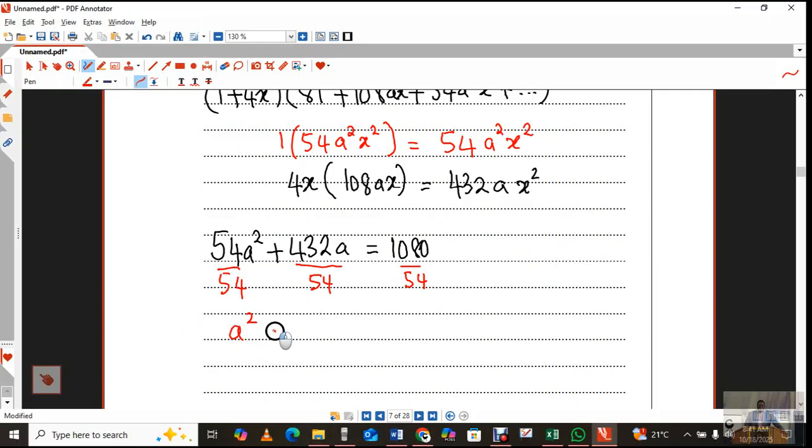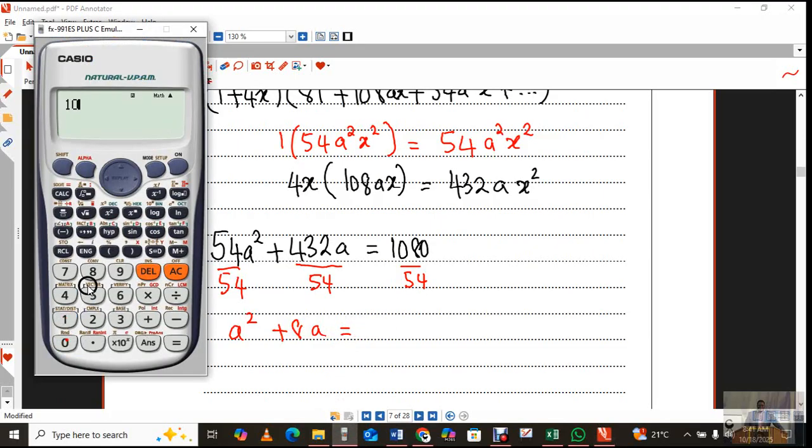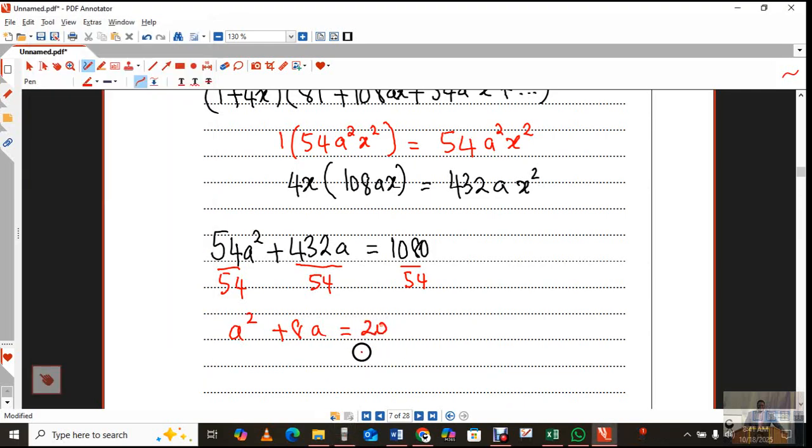We get 8, so that's plus 8a. And then this answer is equal to 1080. Let's divide that as well by 54. We're going to get 20. Right, so at the end of the day, I have a squared plus 8a minus 20 is equal to 0.